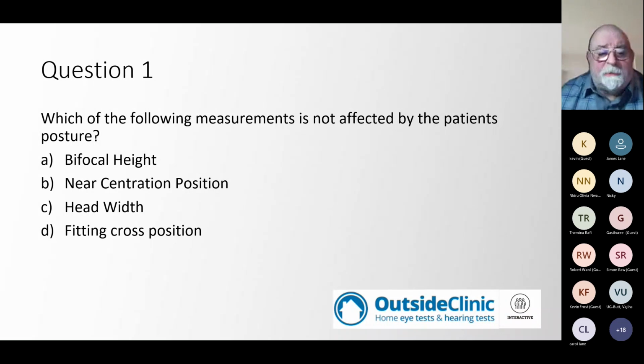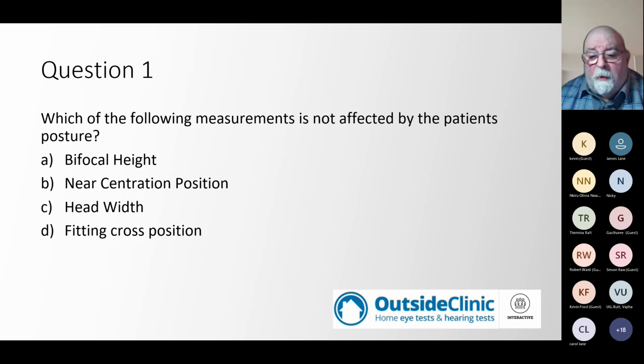Now, if the patient is confined to a wheelchair, then the bifocal height, the near centration position and fitting cross will all be different to how they would be if the patient was fully mobile, and how they would be if the patient was in a more comfortable chair or a sofa.